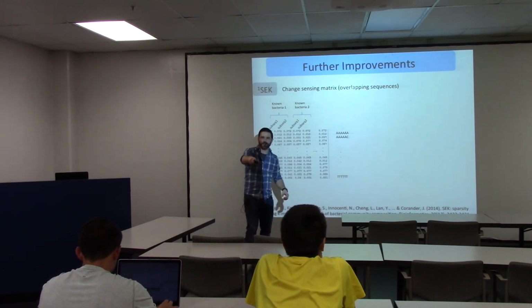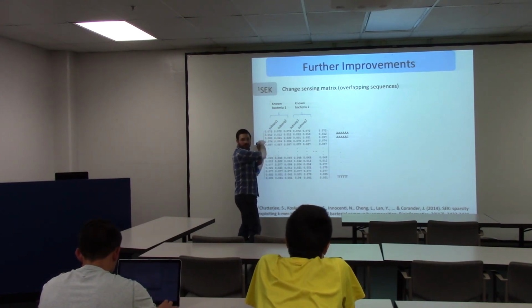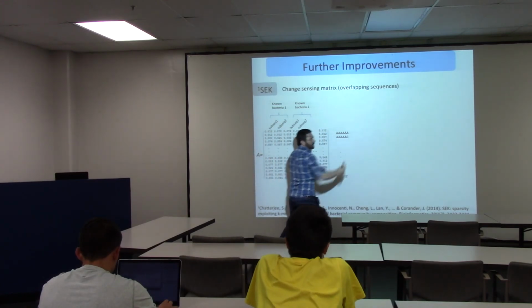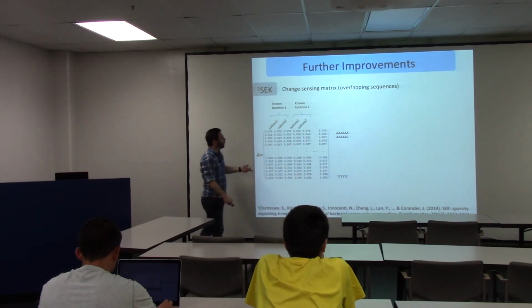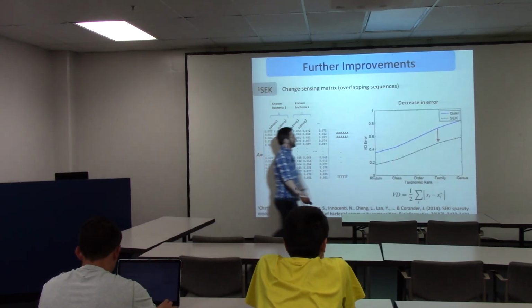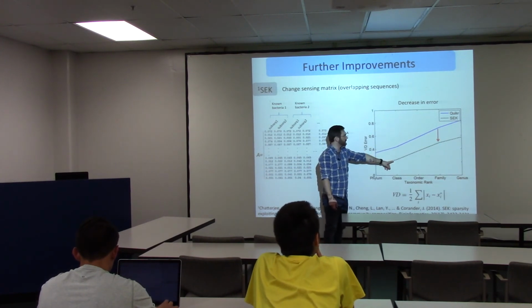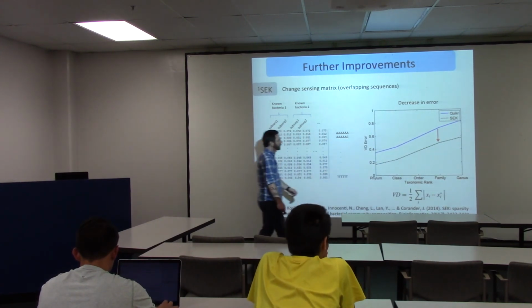Here again, you have to take advantage of block sparsity, right? Because, of course, these individual columns are going to be similar to each other because you're using a sliding window. However, you can partition this matrix into blocks. And the whole point is, because of that, you get a decrease in error, right? So this is the original QuicK. This is when you're using sliding windows, and you get a decrease in error.